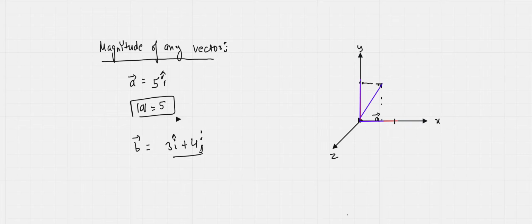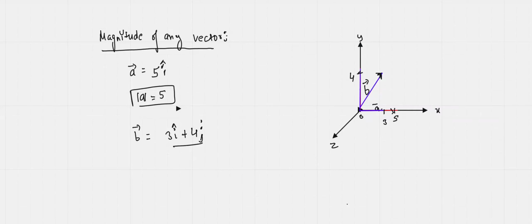Yes, sir. So this will be 3, and this is 4. This is another arrow, so this is your vector b. Alright, so what is the magnitude now? If you see the actual length, the actual length is the magnitude. It seems like this is a perpendicular.